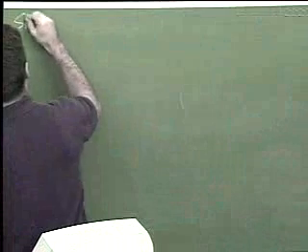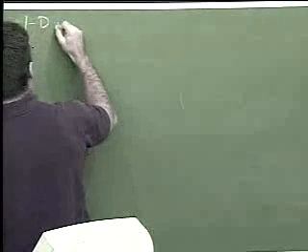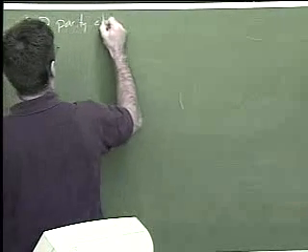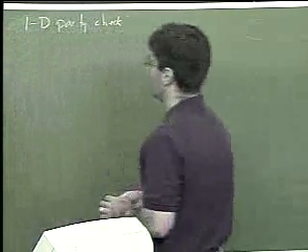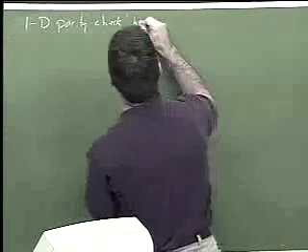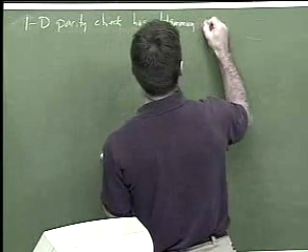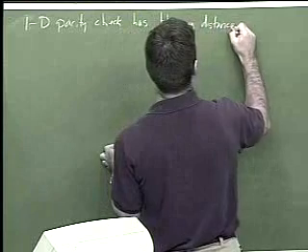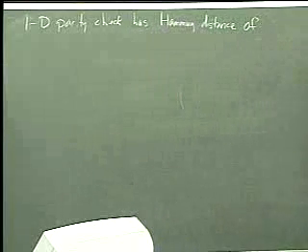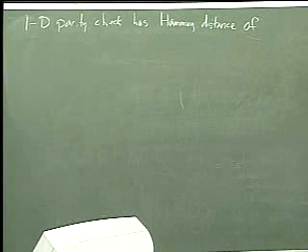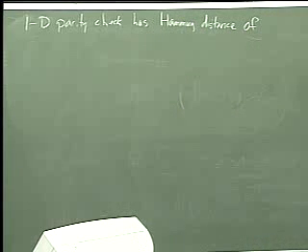Okay, so let's look back at the single bit parity check, or the 1D parity check. Has Hamming distance of what? Not 1, 2.